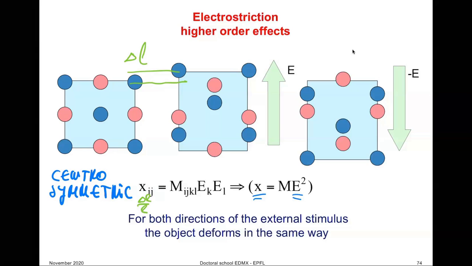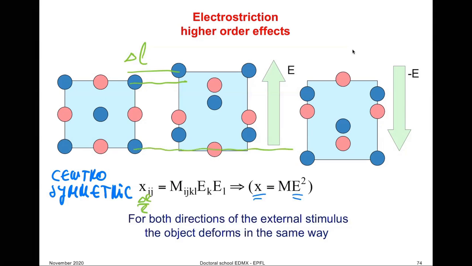Now, if we turn the electric field by 180 degrees, you remember what happened in piezoelectricity. If we change the direction of the field, the sample will do the opposite of what it was doing with the field in the original direction, so the sample can shrink and extend. And here, the sample in this particular case will extend for both positive and negative fields.